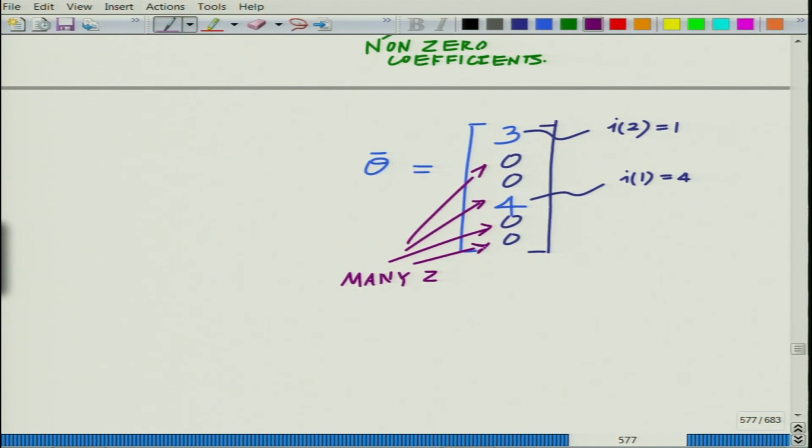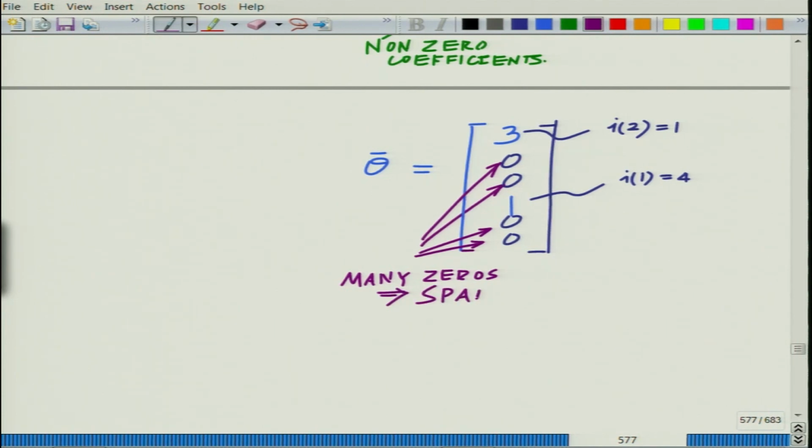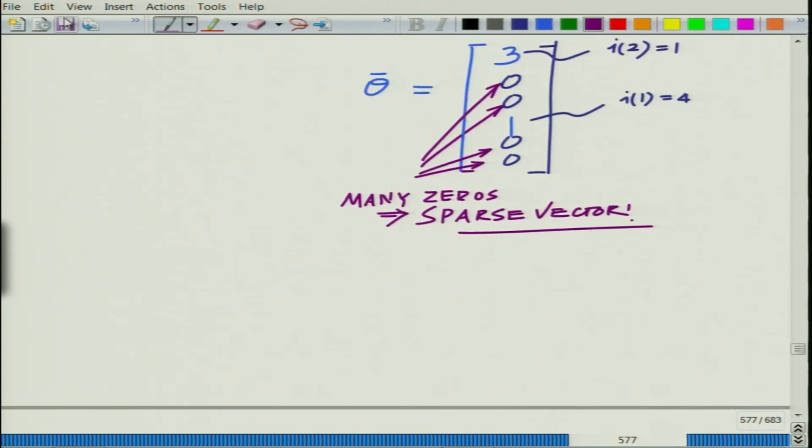Many zeros implies this is actually the sparse vector that we were talking about.